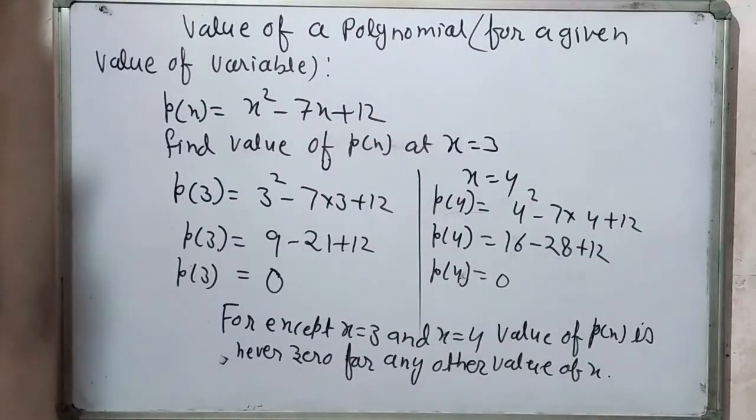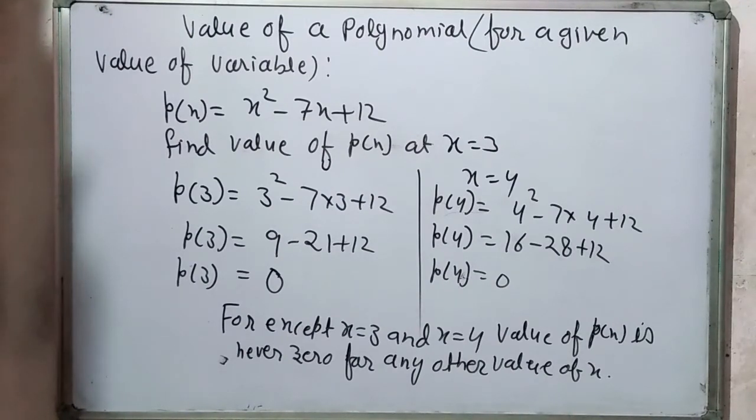If we put x as 3 in this particular polynomial, we will get value 0. If we put x as 4 in this particular polynomial, we will get value 0. But except for these two values, we will never get the value of the polynomial as 0.